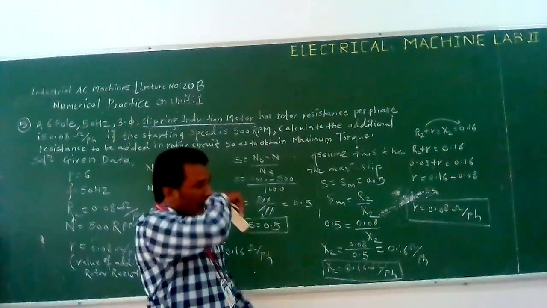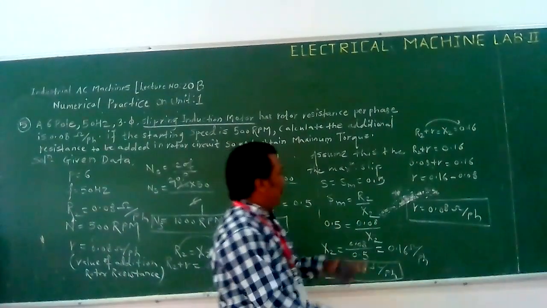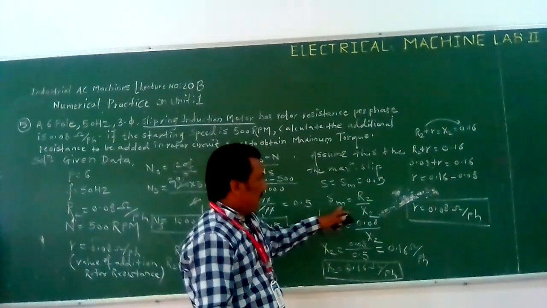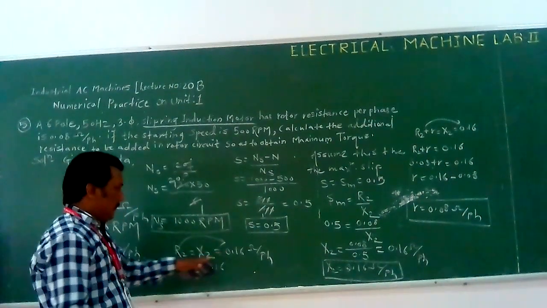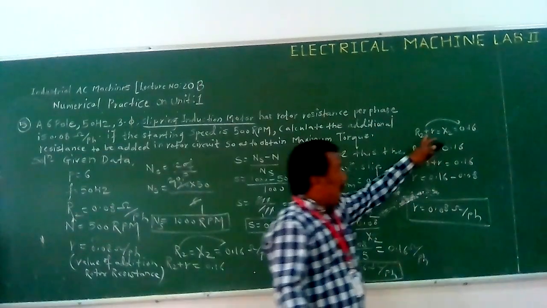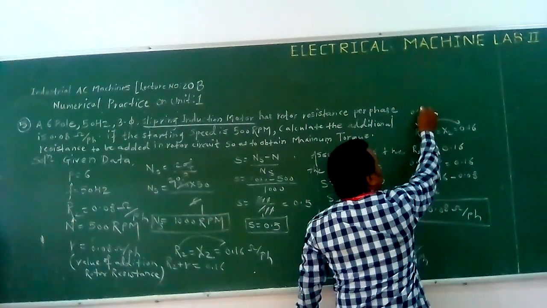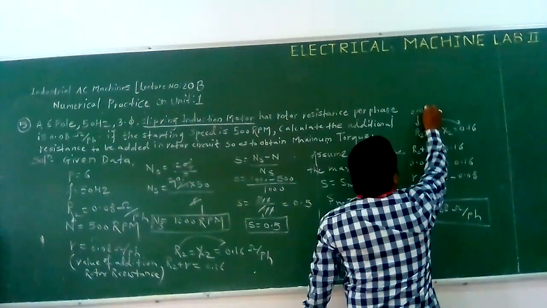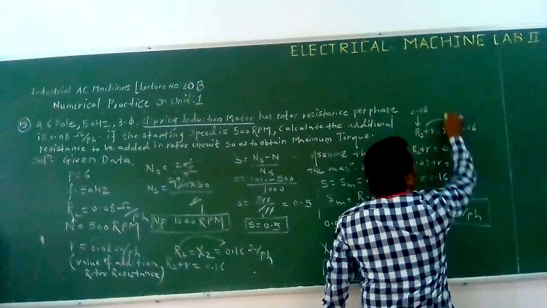But we know that the condition for maximum torque is whenever R2 is equal to X2, then the slip becomes maximum. Here X2 is calculated as 0.16, so R2 plus R equals X2. R2 is 0.08 and X2 is already 0.16.